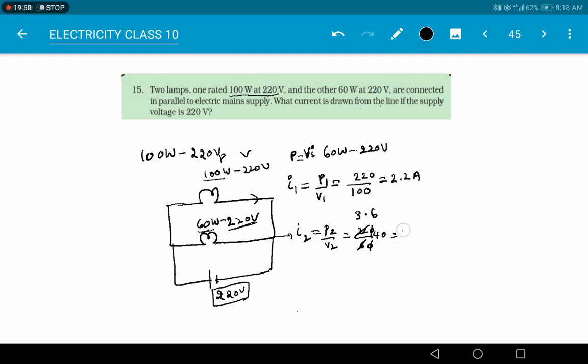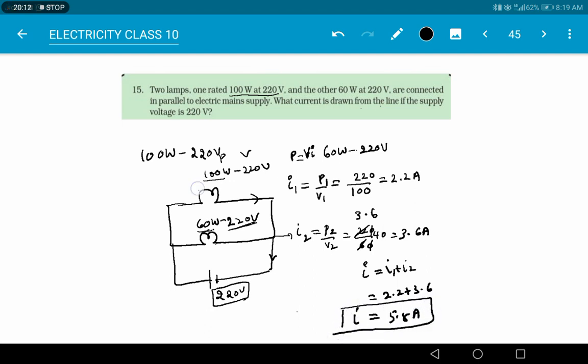4.6, nearly 3.6 ampere. Therefore, net current will be added. So I is equal to I1 plus I2, 2.2 plus 3.6. So 5.8 ampere passes in the circuit. Simple.